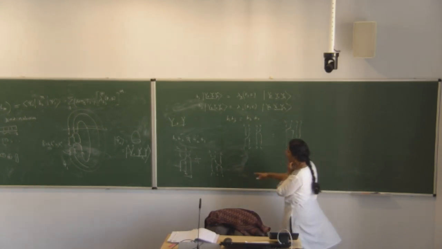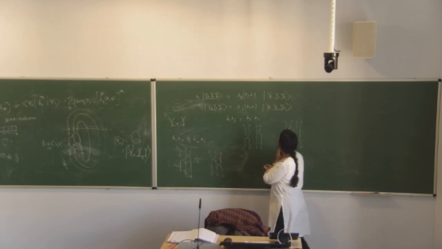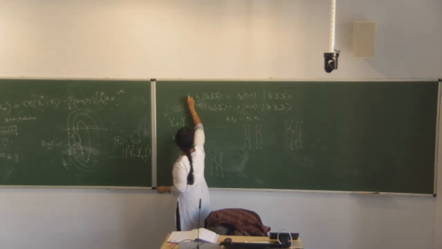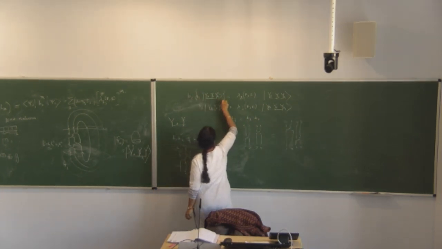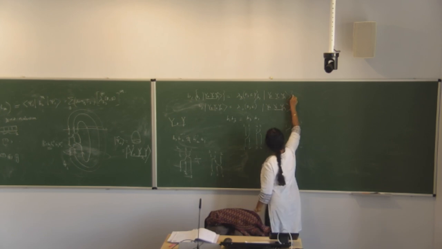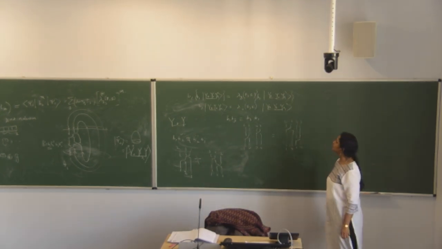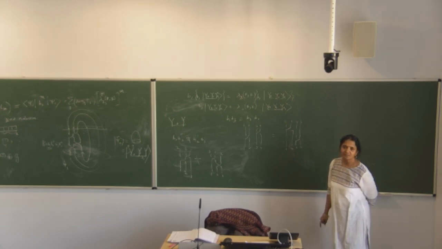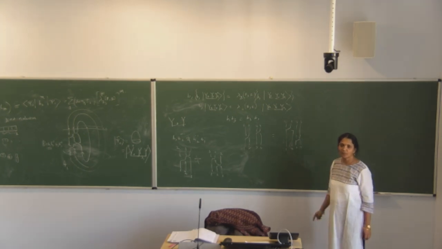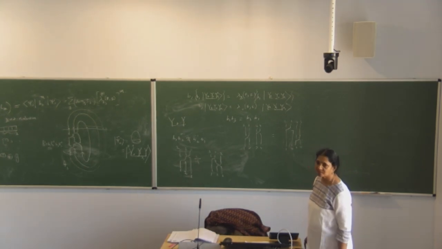I know B1, B2 don't commute. So which means I need to, suppose I want to do B2 on this. Right? So what do? I can't use this basis. Or I should write this as a linear combination of the other basis.